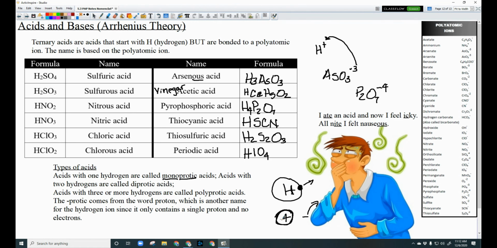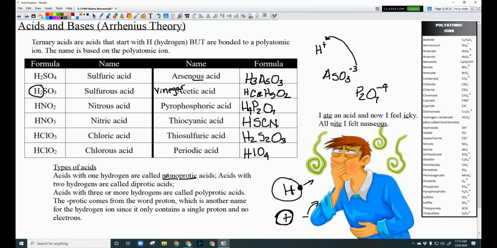Monoprotic acids mean you just have 1 hydrogen in the acid. So nitrous acid is a monoprotic acid. Acids with 2 hydrogens are called diprotic. So let's find one with 2 right here, 2 hydrogens. So the prefix for 2 is di. So sulfurous acid is a diprotic acid. And then any acids with 3 or more are called polyprotic.